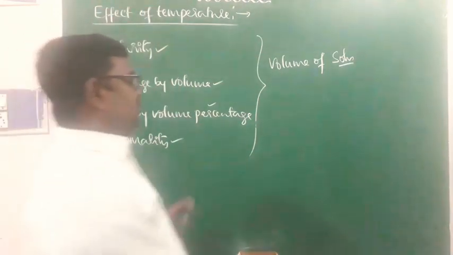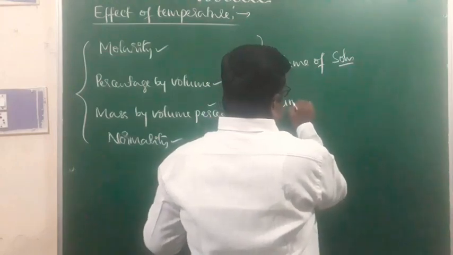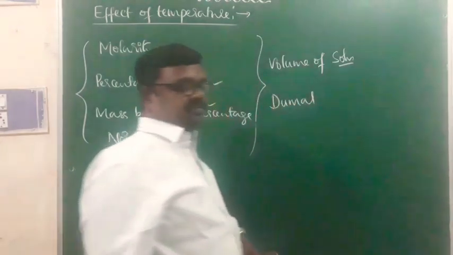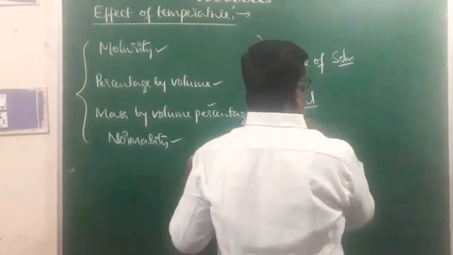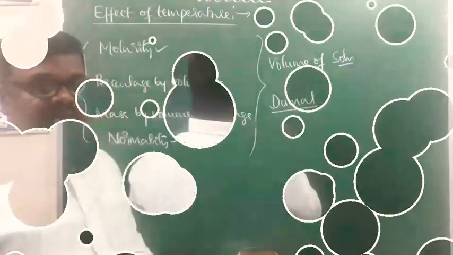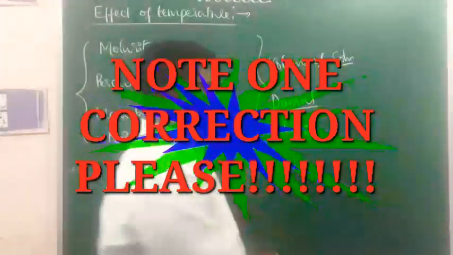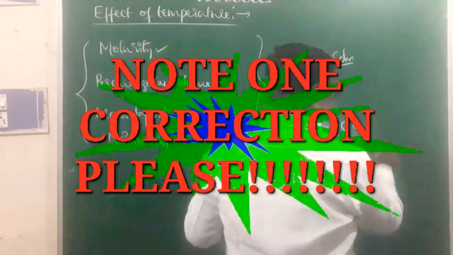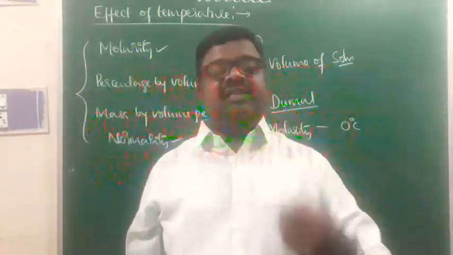Because of that, in chemistry, we come across one method of expressing concentration, that is what we call Demal. This is one method of expressing concentration of solutions. Demal is nothing but molarity, but at 0 degrees Celsius. Molarity of any solution at 0 degrees Celsius is called Demal.